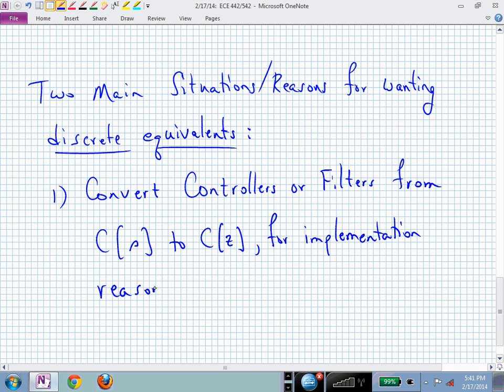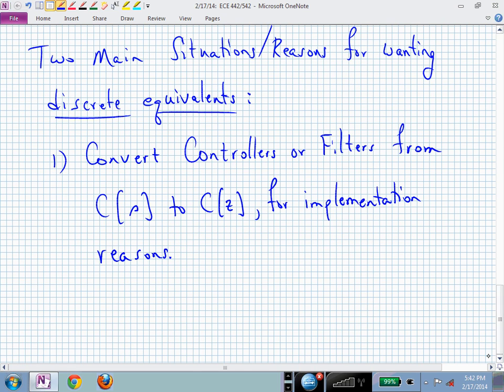And maybe that's because you can program better than you can solder. Just joking, just kind of. But maybe you want to be able to adjust your controller or your filter coefficient more than you want to desolder and redesign an analog filter. That's one reason we might want a discrete equivalent.